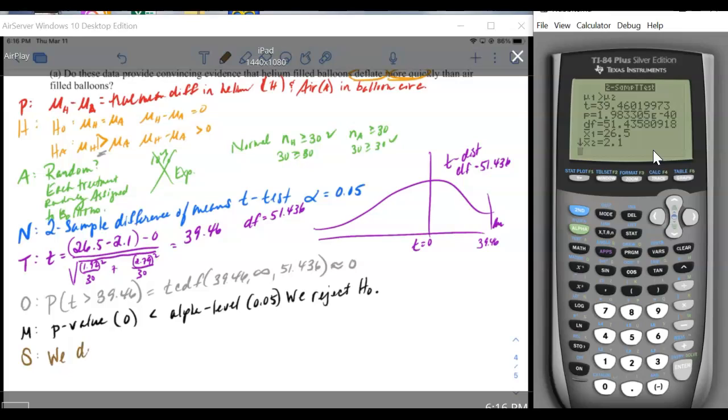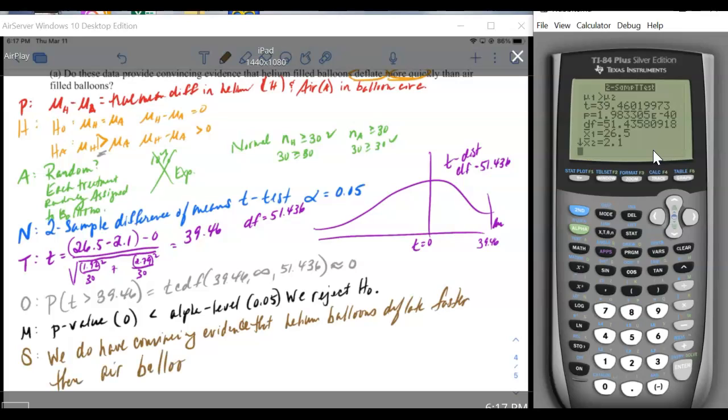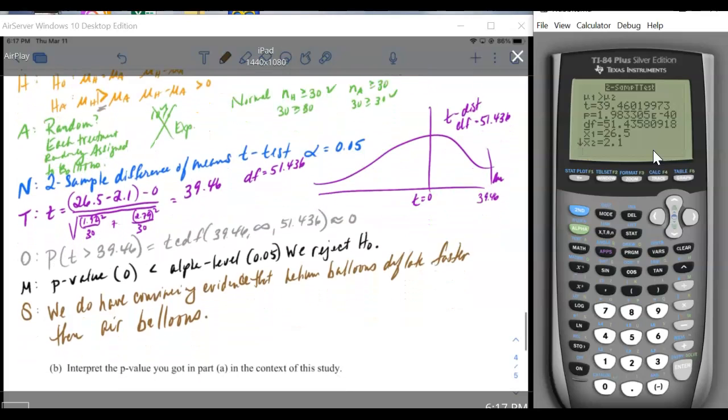We do have convincing evidence that helium balloons deflate faster than air balloons. Cool. All right, pretty straightforward, right?